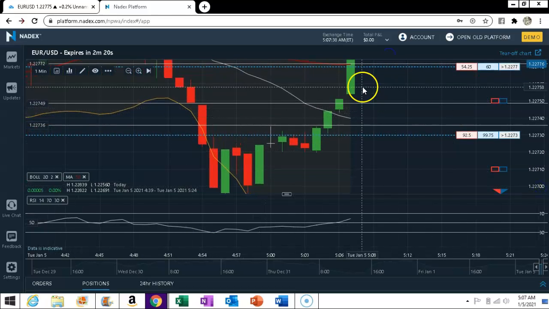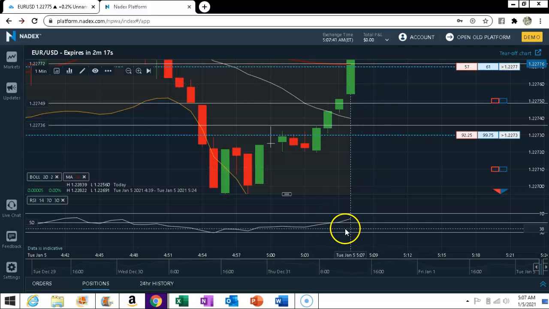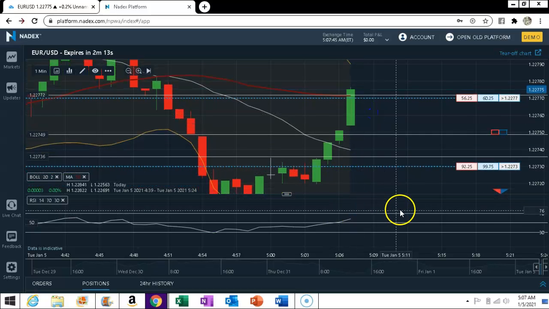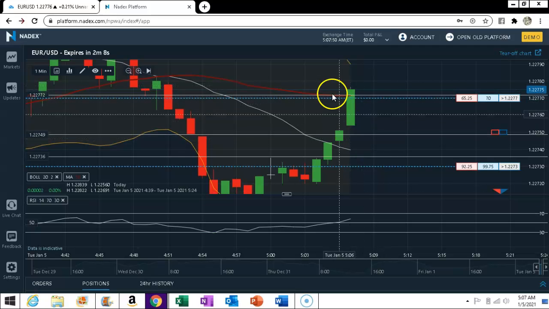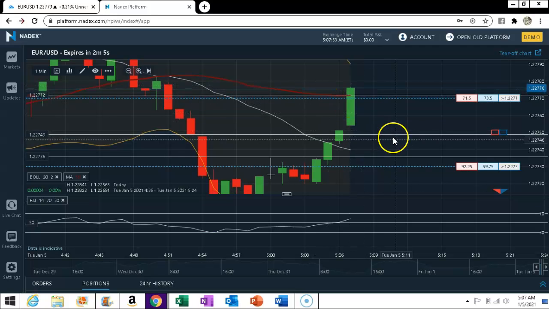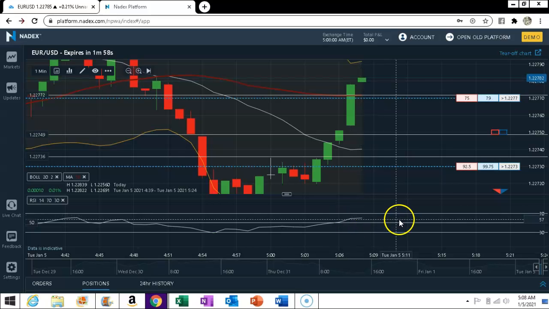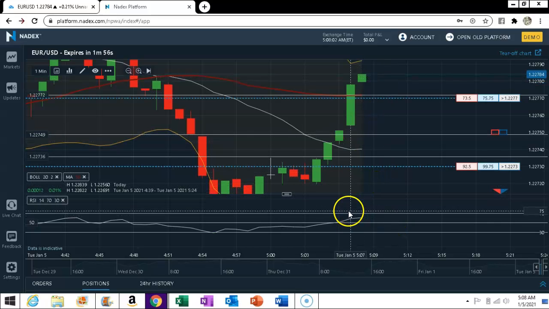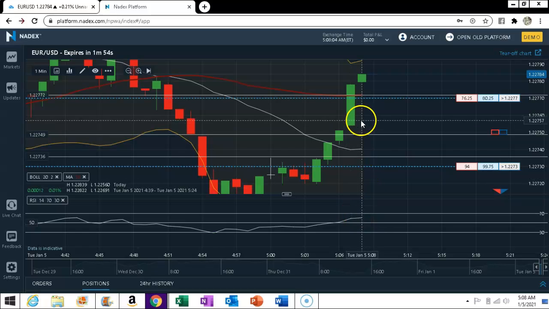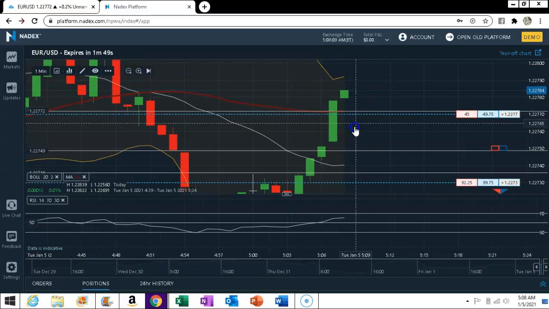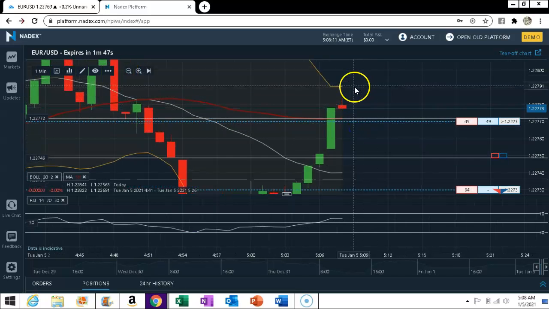Okay, so price is up here, and price is above this 50, but here is not. So it's headed towards the overbought area, but price is still below the 50 period moving average. So I'm being very cautious.